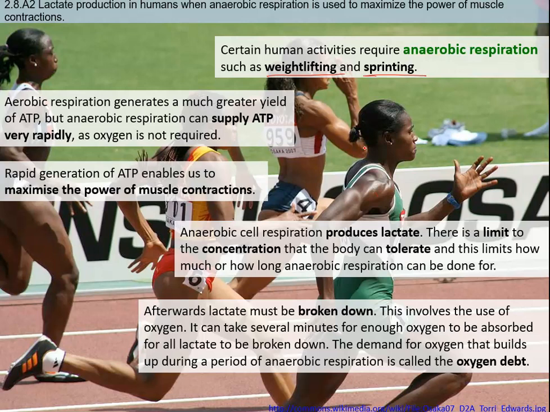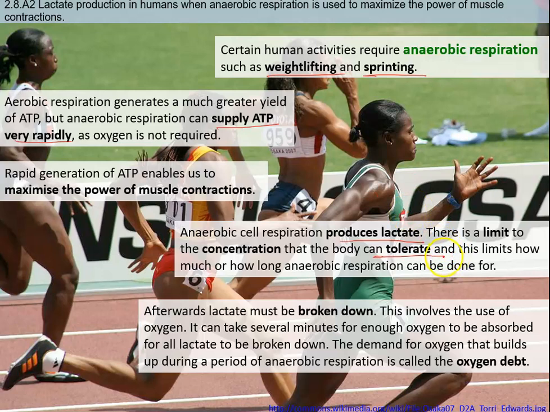So they start to do anaerobic respiration, for the supply of ATP very rapidly. And what happens is that the product of the anaerobic respiration in muscle cells is lactate, and your body cannot tolerate a concentration of lactate more than a certain amount.